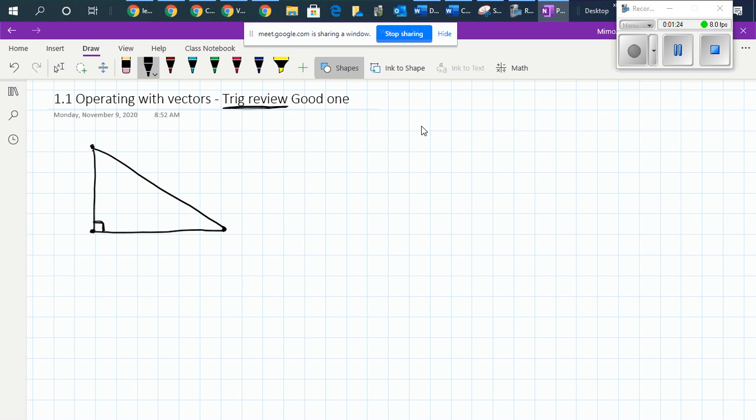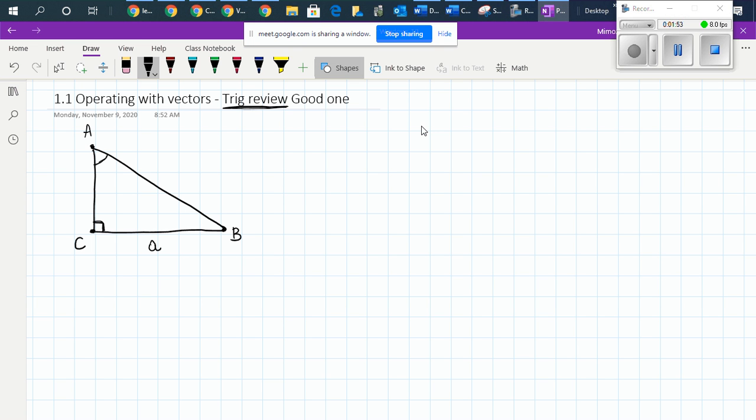Now, let's say we are labeling A, B, C. Then the sides are labeled with a lowercase of the opposite vertex. So in this case, the opposite of vertex A is the side BC, which is labeled with a lowercase a.